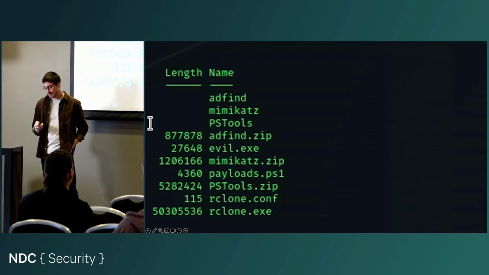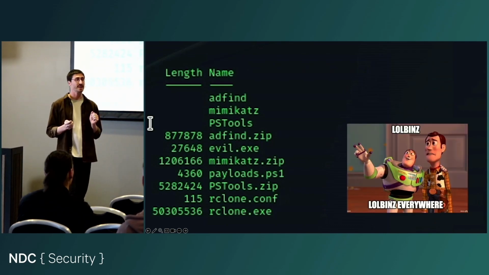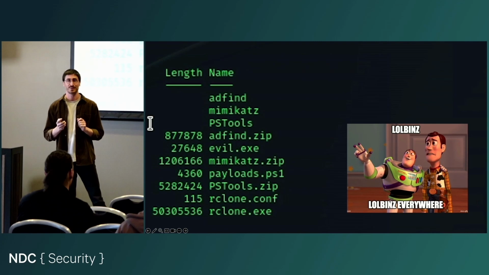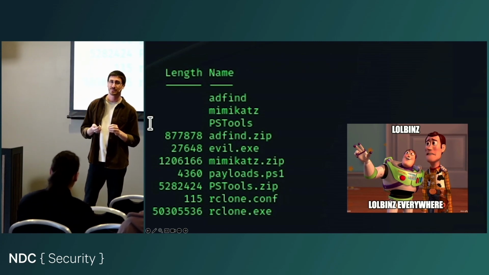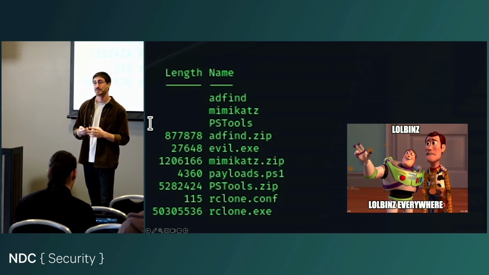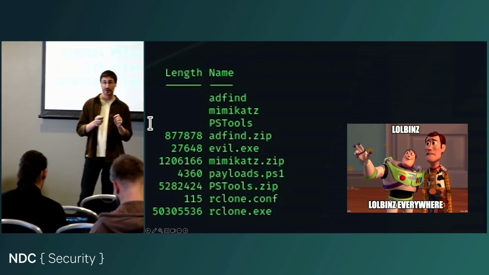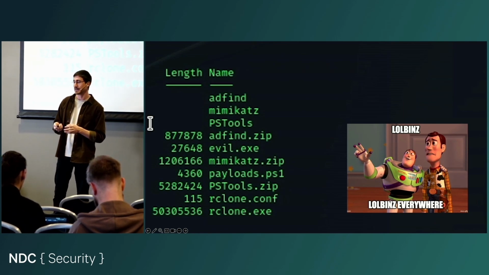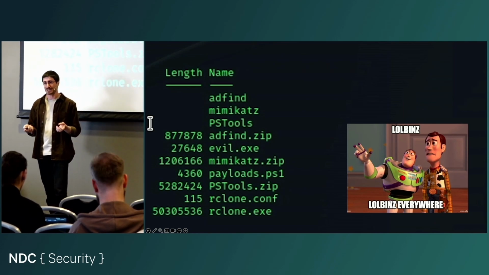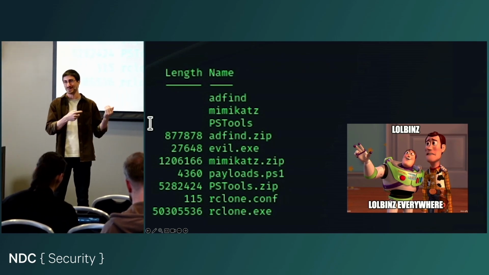You can see here that there's a lot of LOLBins. LOLBins stands for living off the land binaries, and this is a term that's used for all these tools and applications that already exist on the operating system, and attackers really like using it. Here I stretched the definition a little bit because they are not off the land, because she's downloaded them.